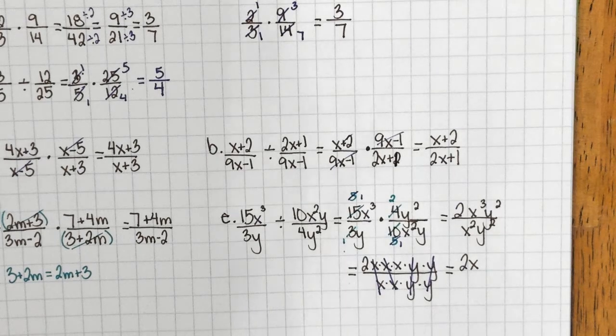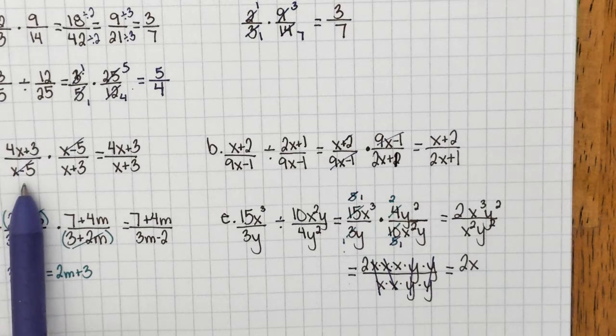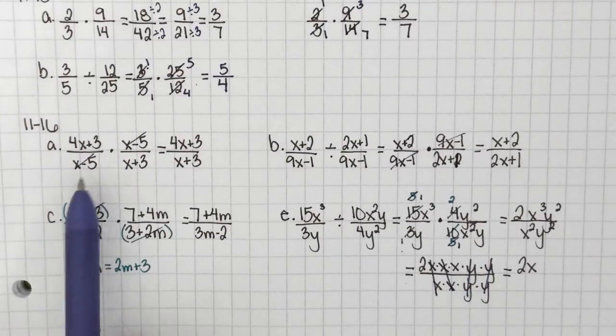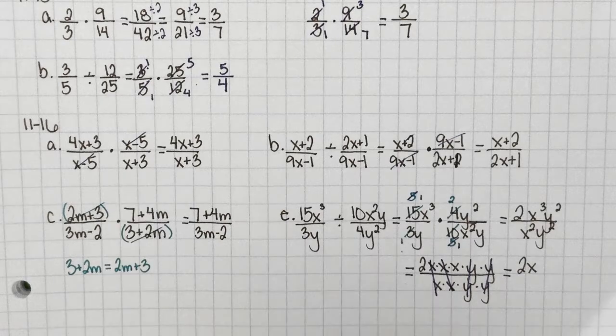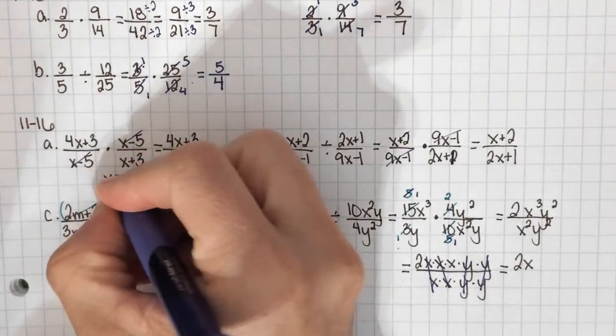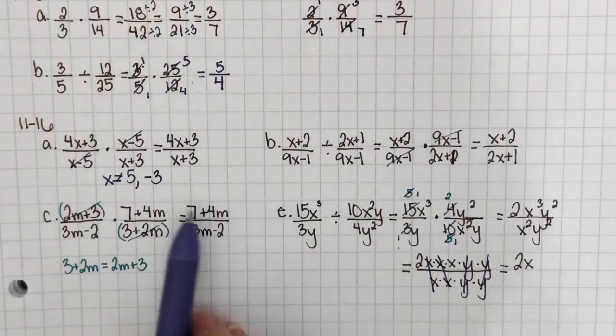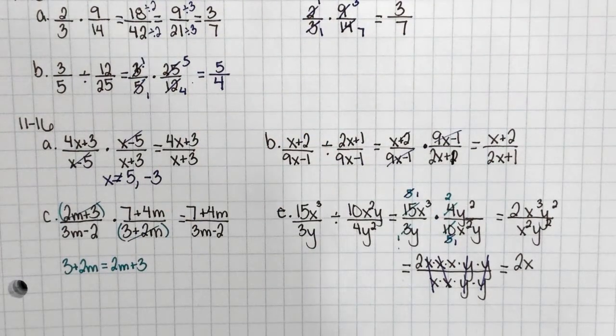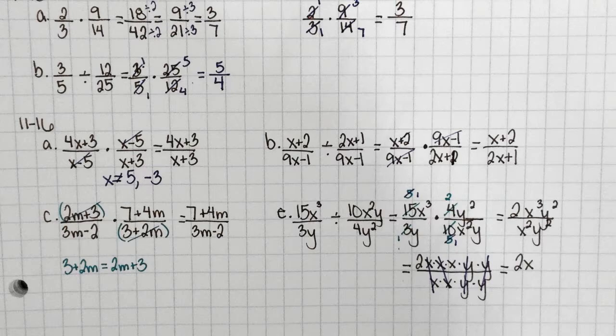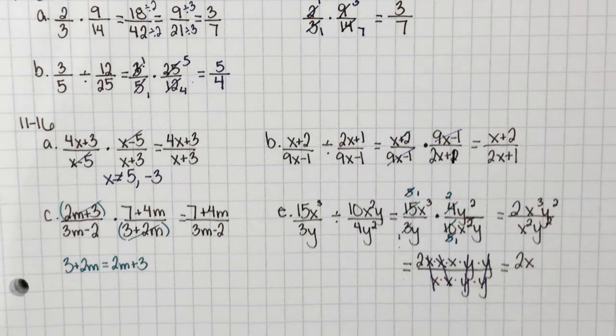So kind of the first step, what would make it 0. So like on part A here, you can't have x be 5 or negative 3. Neither of those are allowed because they would make the denominator 0 in the original problem.